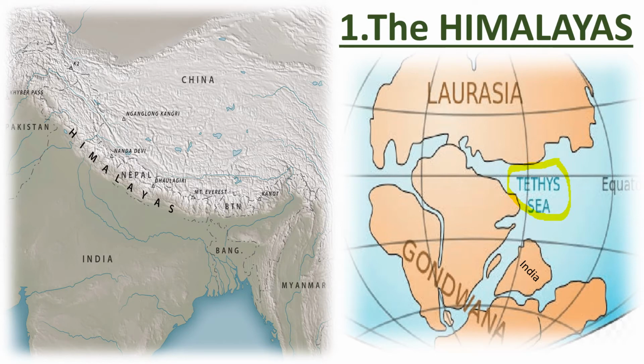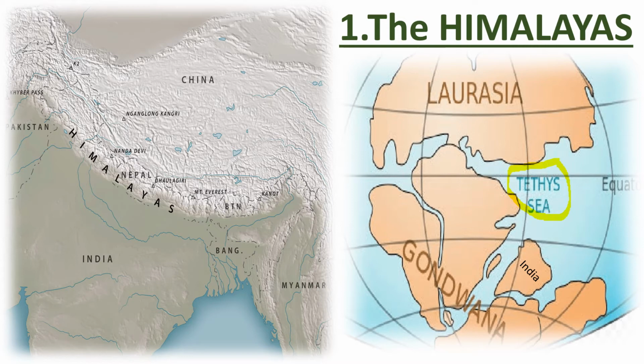In this process, the weaker Tethys Sea region began to get compressed and buckled up. Over the next few million years, due to immense compressional force, the sediments deposited in the Tethys Sea were folded to acquire the present form of the Himalayas.